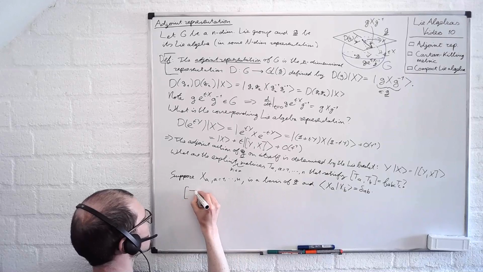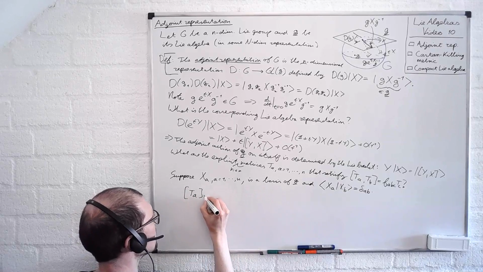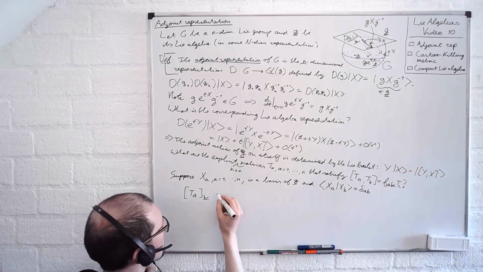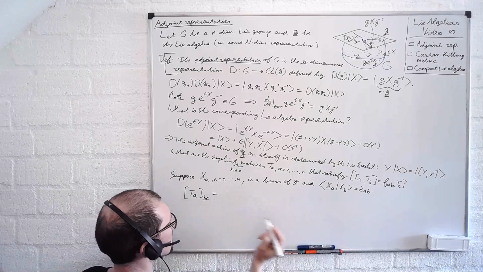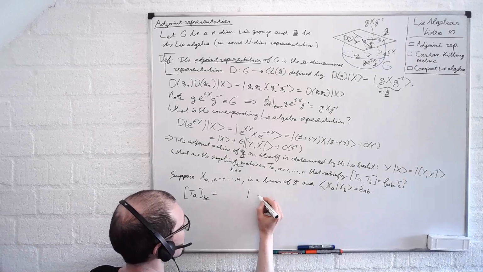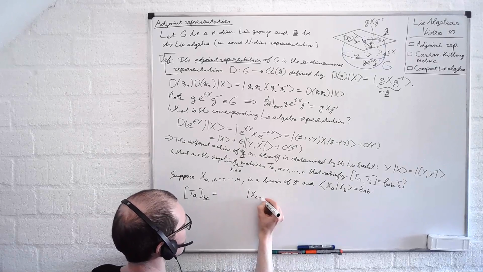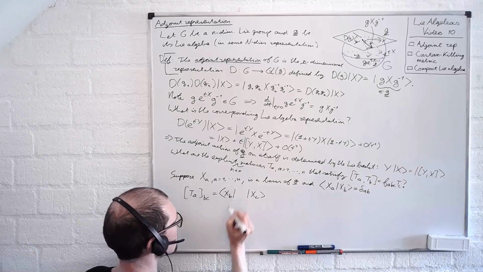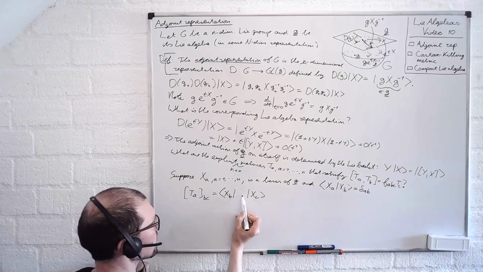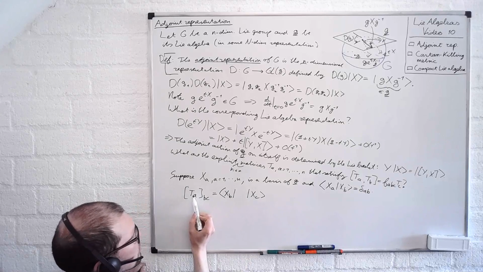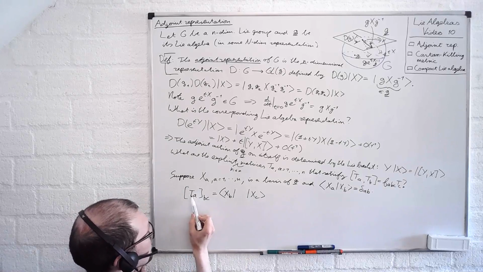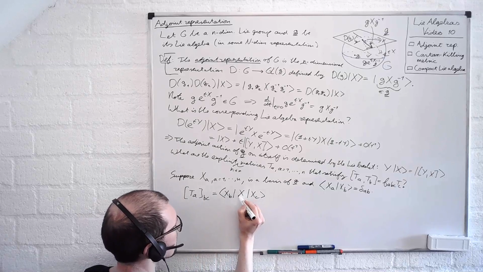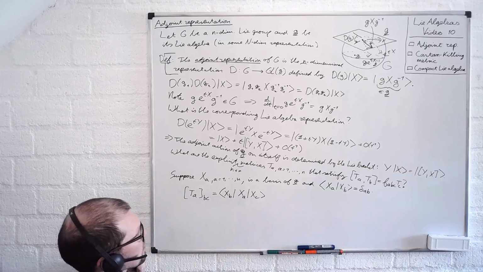So what are T_A, so the matrix element BC of T_A? Well, they're given by sandwiching these basis states X_B, and the operator corresponding to the generator X_A. So it is simply given by this. Right?